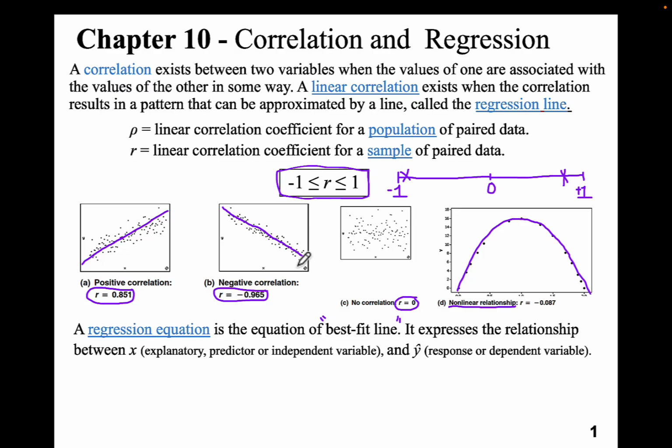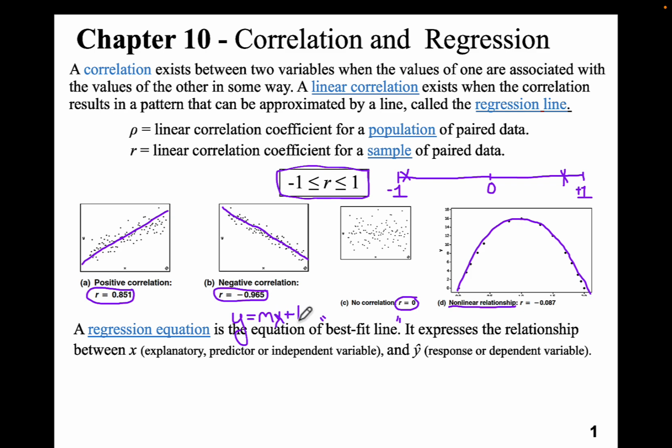That equation expresses the relationship between x, which we call the explanatory, or the predictor, or sometimes you'll hear it as the independent variable, whereas y hat will be the response or the dependent variable. We'll work with that a little bit more, but you guys have probably seen it. Well, I know you have, in the equation of the line y equals mx plus b.